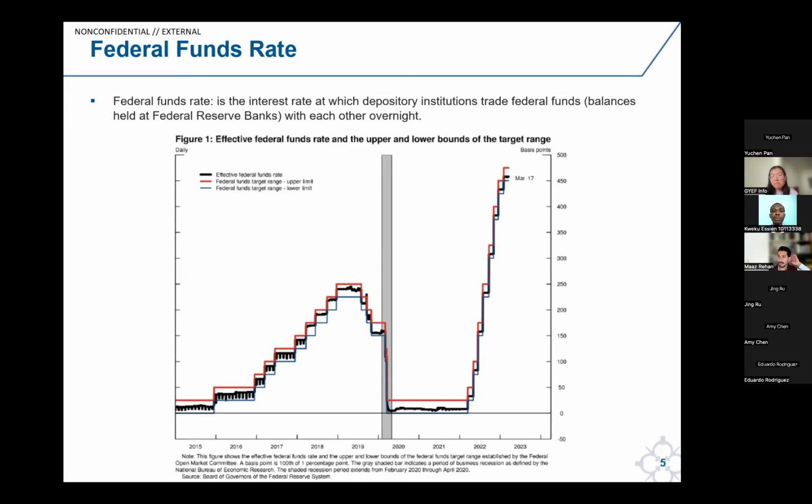Another example is if we're talking about 25 basis points, that equals 0.25%. Good. Anybody have any questions on the chart of the effective federal funds rate and the upper and lower bound of the target range? We'll get a little bit more into details here.